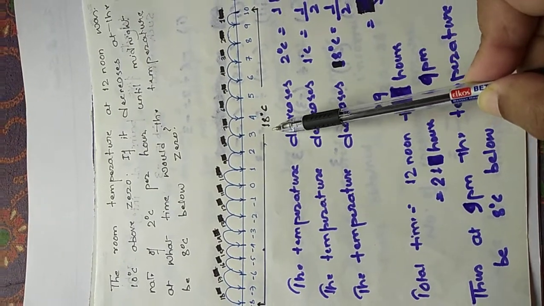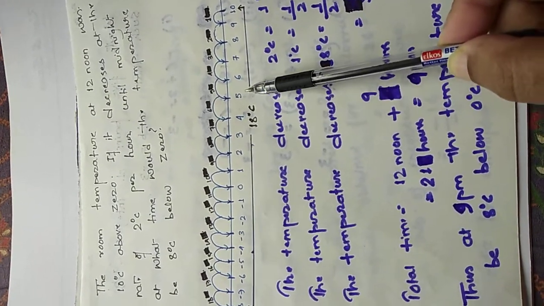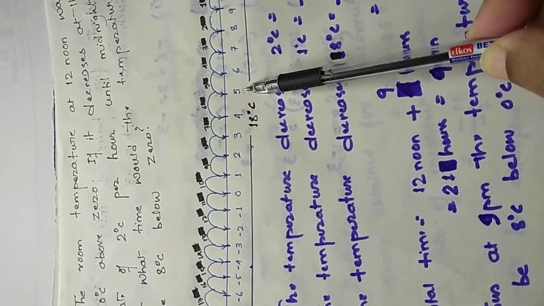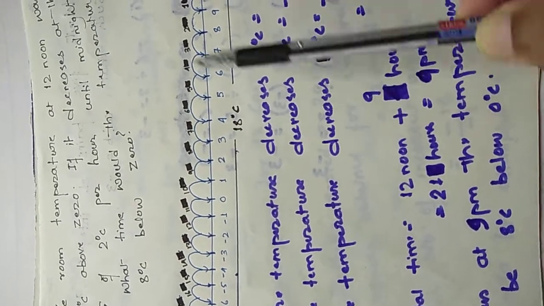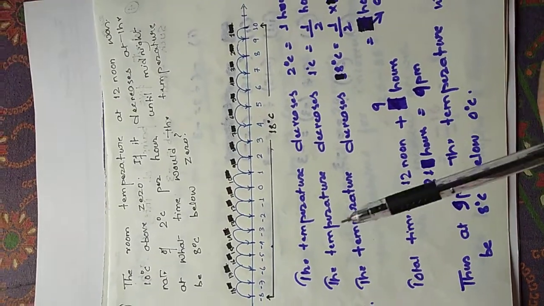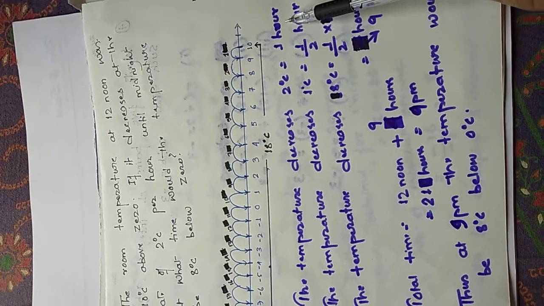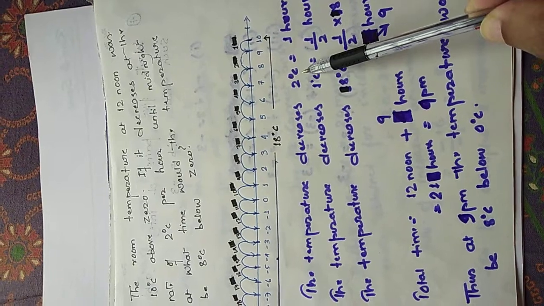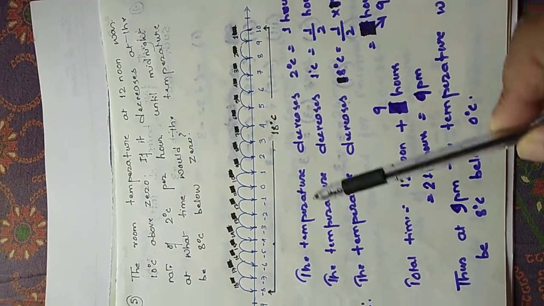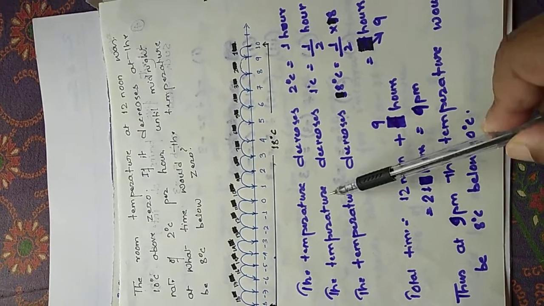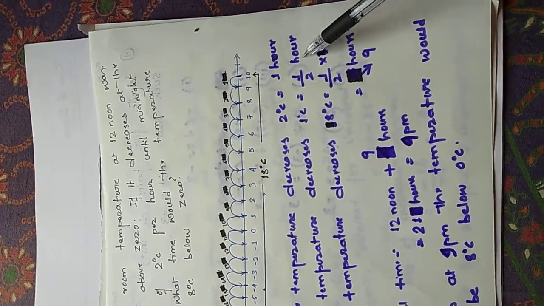Now we have to find how much time it will take for the temperature to drop by 18 degrees Celsius. What is the first statement I have written, students? The temperature decreases 2 degrees Celsius and it takes 1 hour. If the temperature decreases 1 degree Celsius, then obviously it will be half an hour, that is 30 minutes.